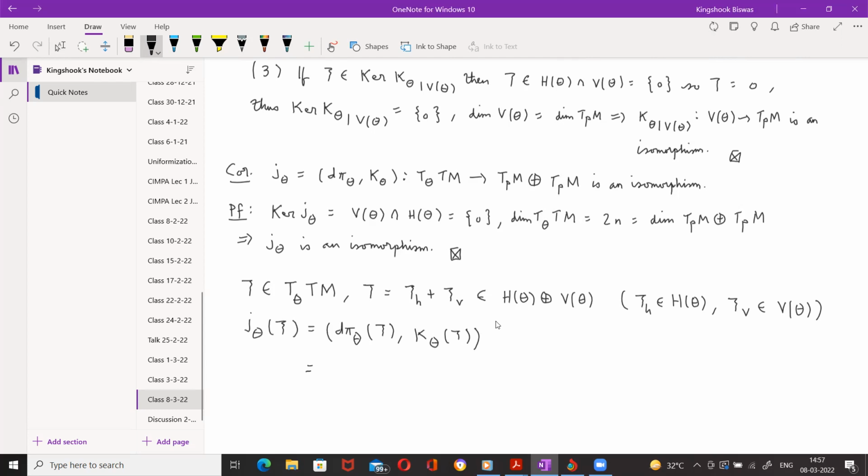So this is equal to d pi theta of xi h, because d pi theta kills xi v, which is in the vertical space. And similarly, k theta kills the horizontal part xi h. So this will be k theta of xi v.